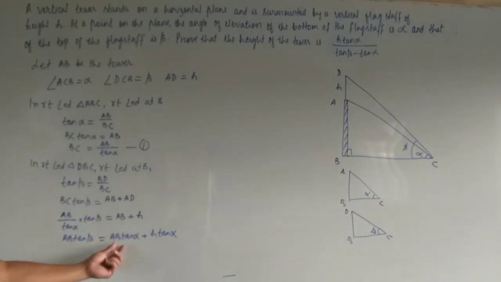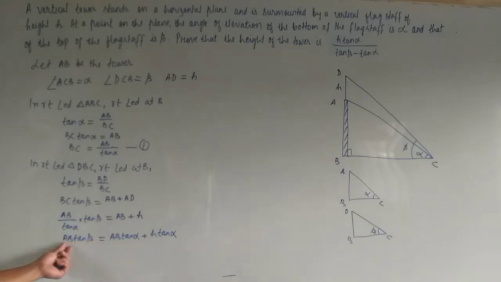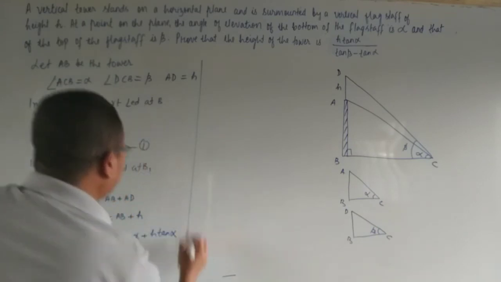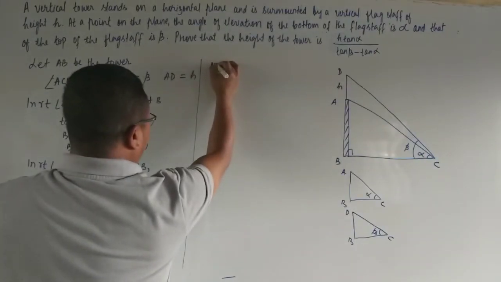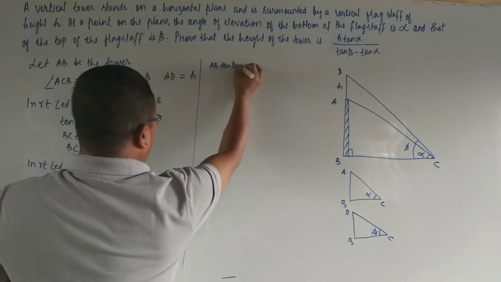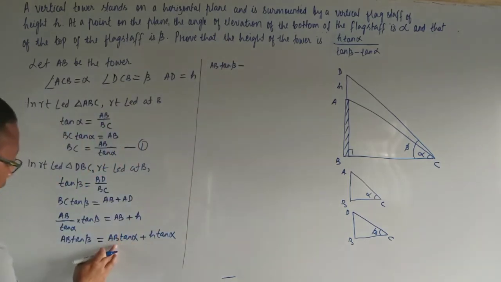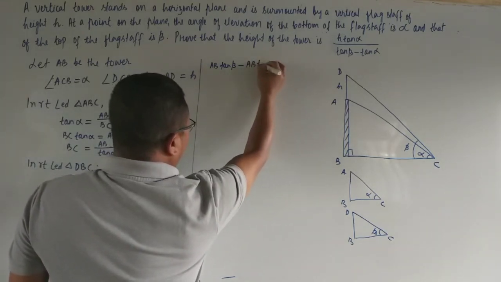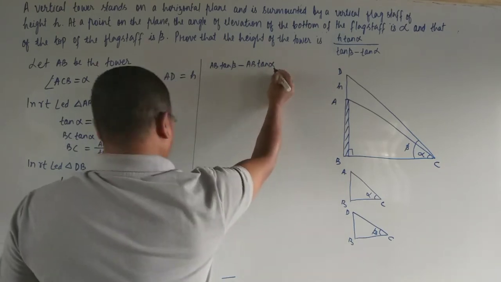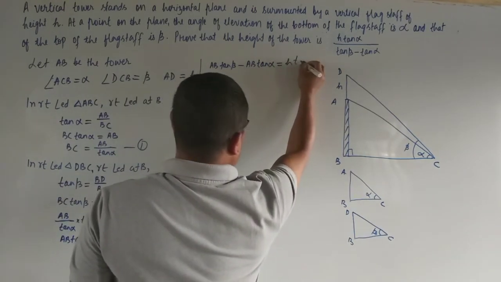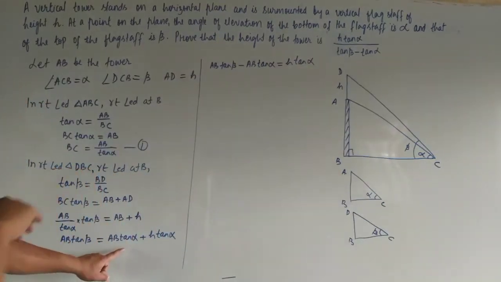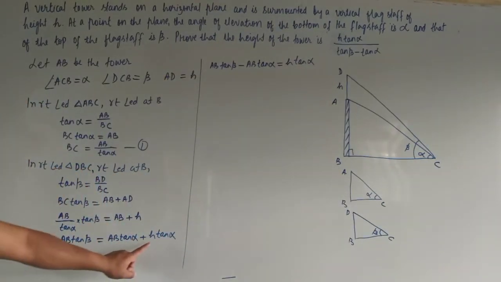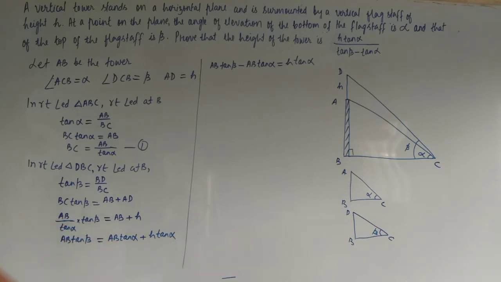Now we have AB here, we have AB here. So put the terms with AB on one side. So AB tan beta minus, on transferring this to the left hand side, I will have AB tan beta minus AB tan alpha equal to h tan alpha. As you have already transferred AB tan alpha to the left hand side, you will have only h tan alpha on the right hand side.